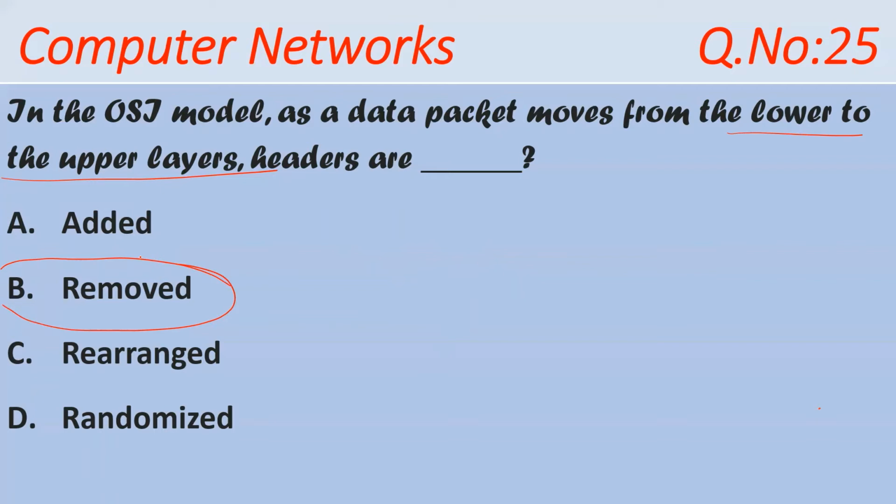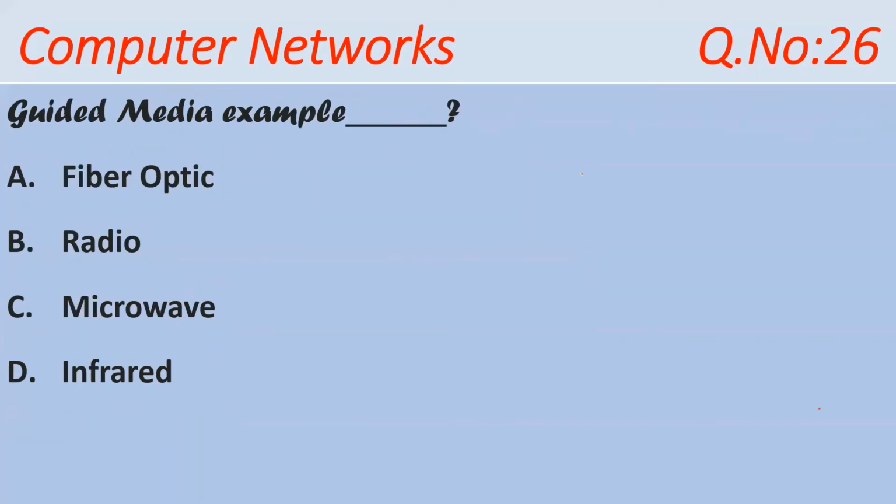For example, from the data link layer, the packet needs to be sent to the network layer. The data link layer will remove the header and give the data to the network layer. The network layer in turn will take off the header and give the segment to the transport layer. This is what happens when the data moves from the lower layers to the upper layers.